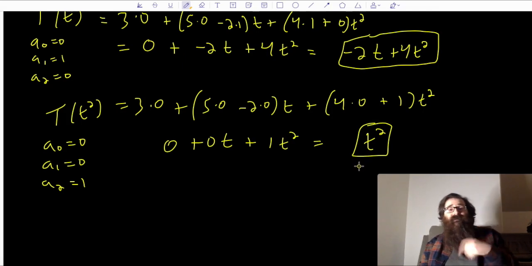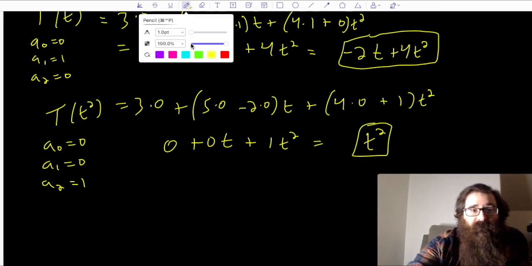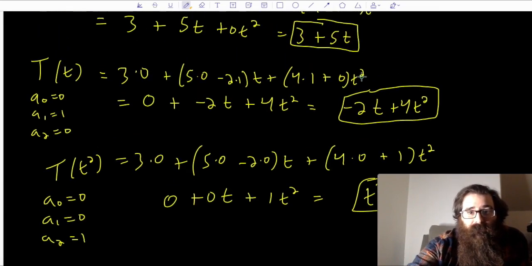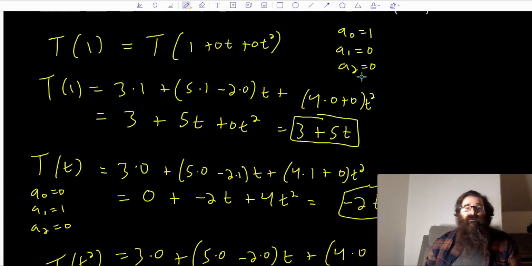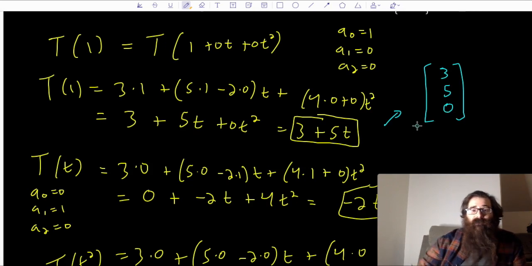But to build this into a matrix really means that we want to be building these outputs as vectors. So if I go back to this first one that I found, I can represent this as a vector in polynomial space P2, so it's going to have 3 entries. 3 plus 5t plus 0t squared should be 3 for the constant, 5 for the coefficient on t, 0 for the coefficient on t squared.